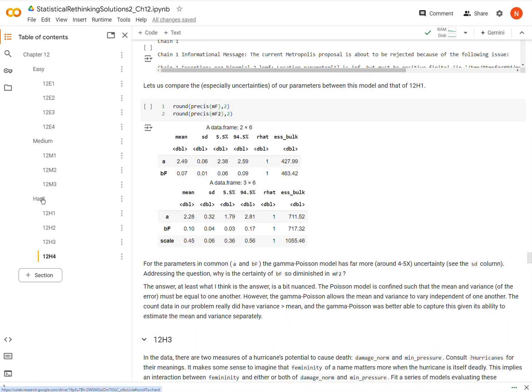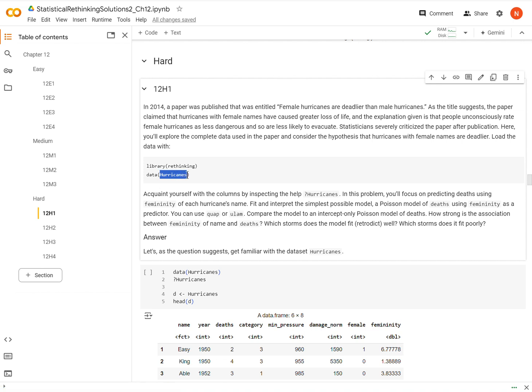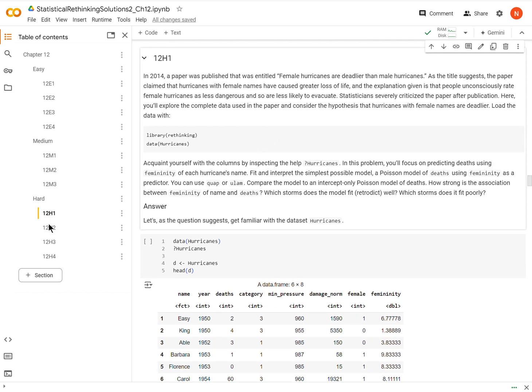The second thing to say is that 12H4 is the last of 4 questions dealing with this data set called hurricanes. If you haven't seen 12H1 through 12H3, you may want to go back and watch those.